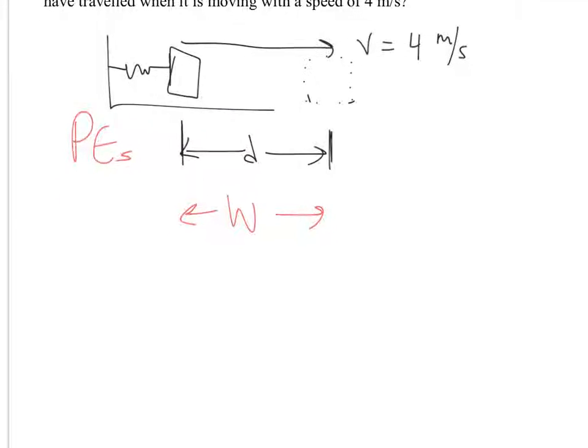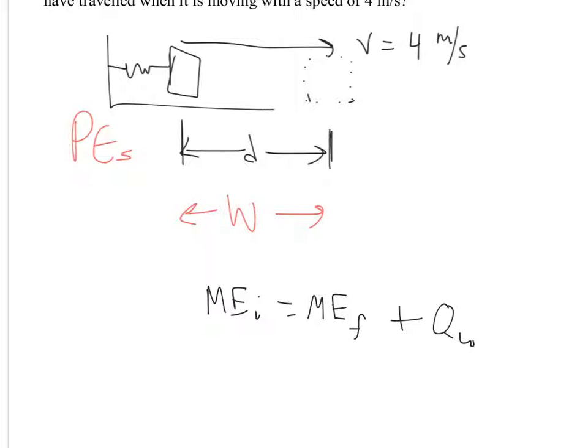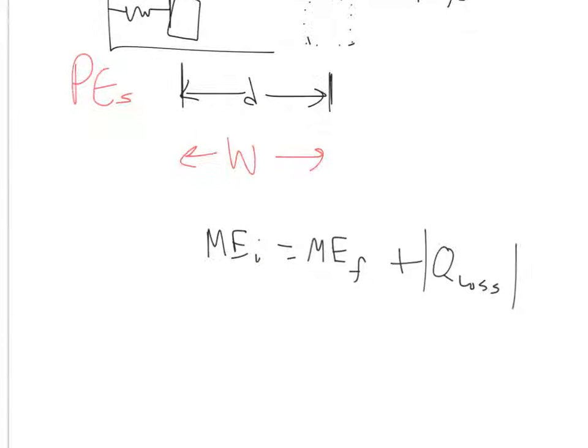So in this problem, we can start by saying the mechanical energy before equals the mechanical energy after. But we have some loss of energy. What kind of energy does it have before? It's got spring energy to start, potential energy in a spring. Once it has moved a certain distance, it's now got kinetic energy because it's still moving.